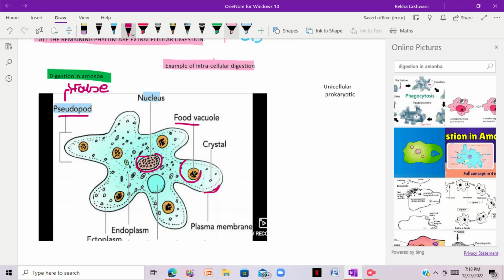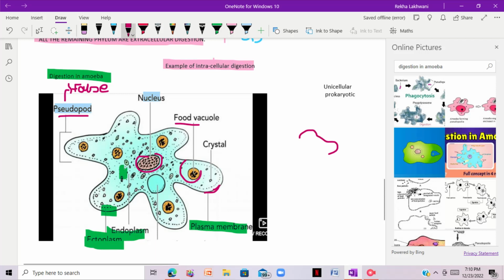Lysosomes are produced by budding of the Golgi trans network. These are Golgi bodies, and by these, the lysosomes are produced.